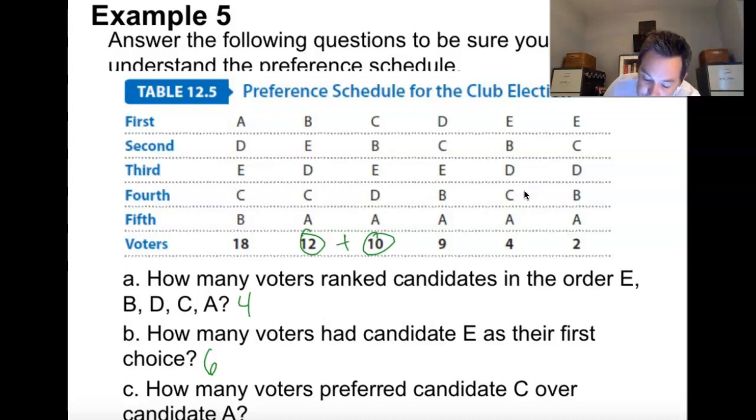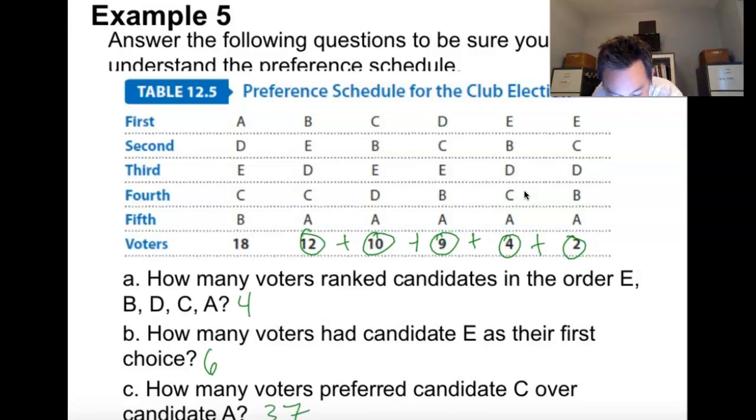Column 4, yes, C is ranked 2nd, A is ranked 5th, so we're going to add that. Column 5, yep. And column 6 as well. So we're just going to add up, what is that, 22, 31, 35, 37 voters preferred candidate C over candidate A.